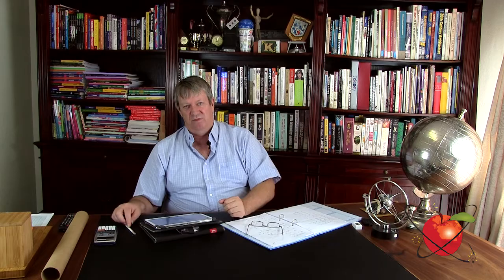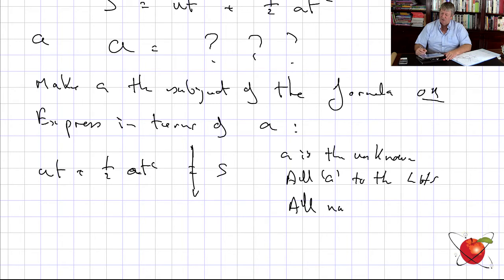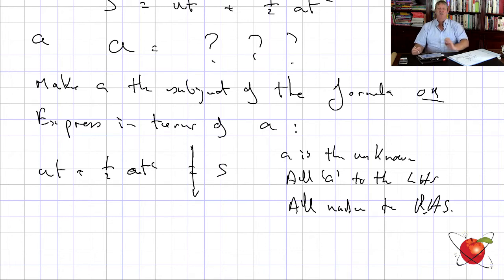Like an x. What do we do? We say, hang on, if it's an equation, all a to the left-hand side, all numbers to the right-hand side, correct? Okay? A to the left, all numbers to the right.